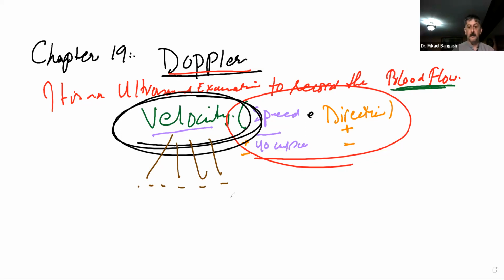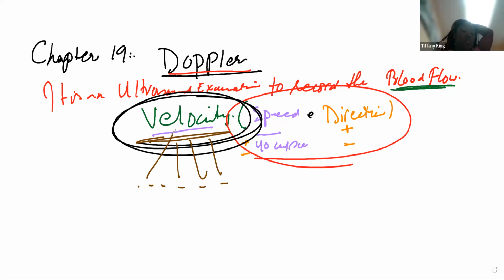But ladies, please keep in mind, in Doppler, the goal is not to achieve an image. Your primary goal will be to record the velocity. Did that make sense?